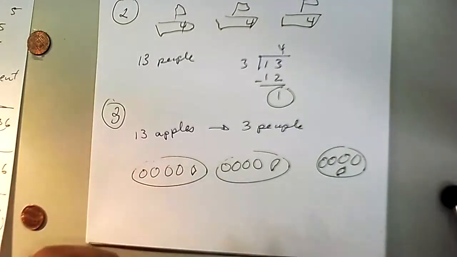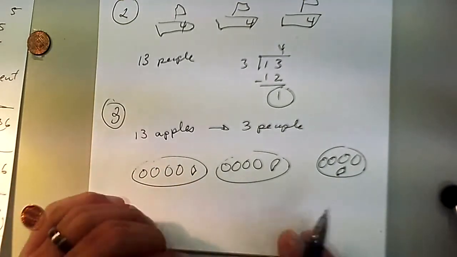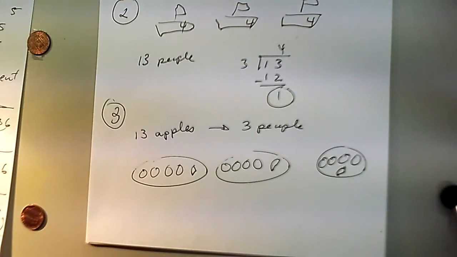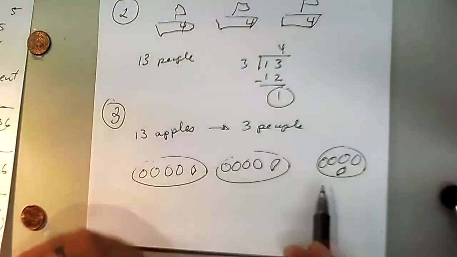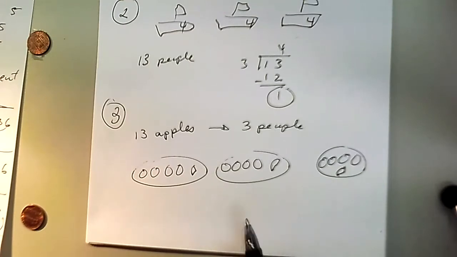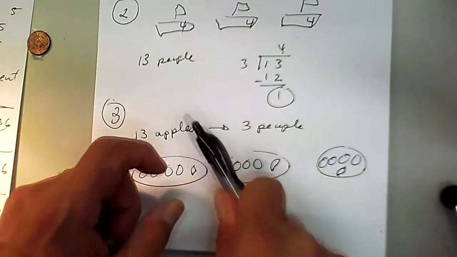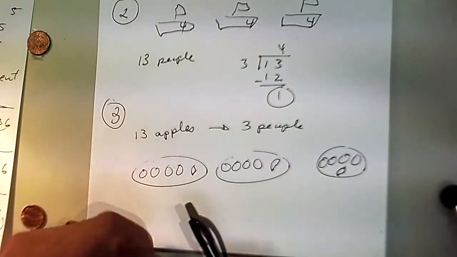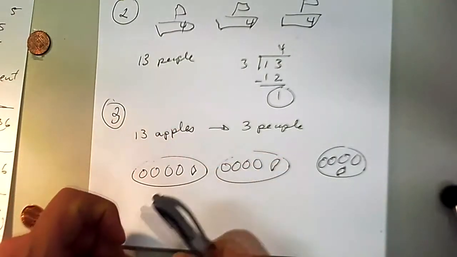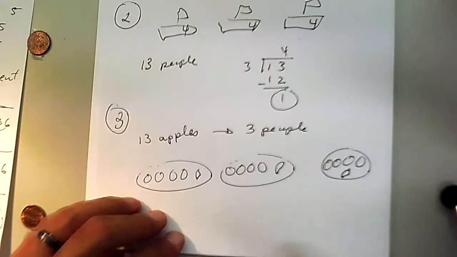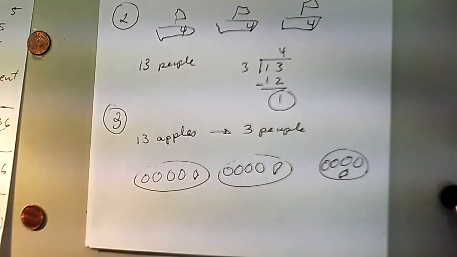But let's pretend they have to have exactly the same amount. You cannot have one person with more or less than the other. Well, in that case, you can carefully take a knife and cut the apple into 3, and then you give each person 1/3 of an apple, and now everybody has exactly the same amount, and we're good.